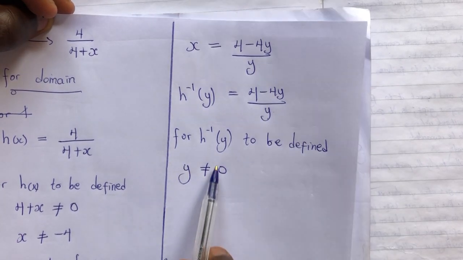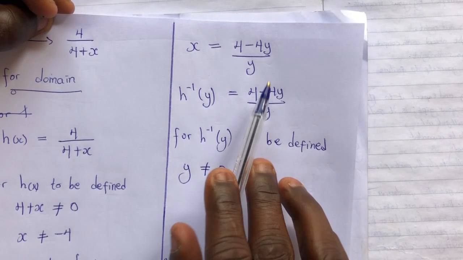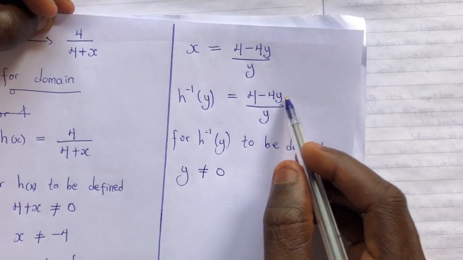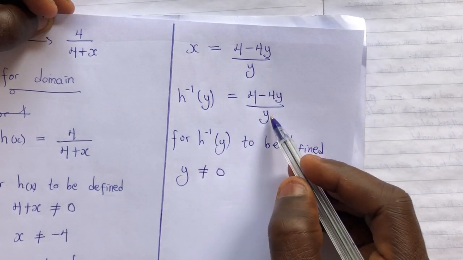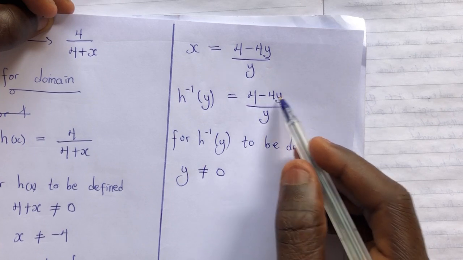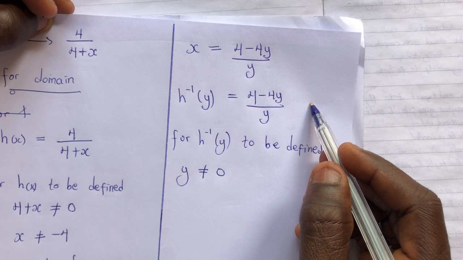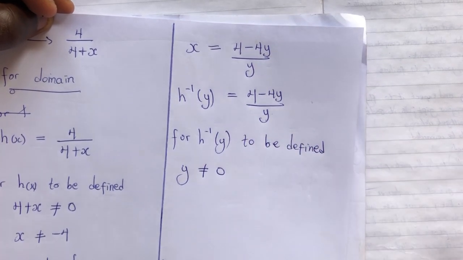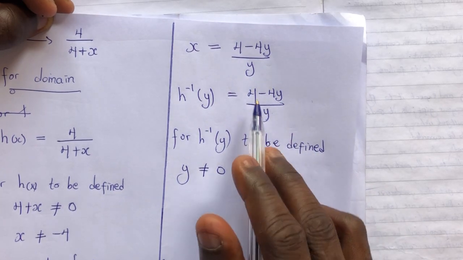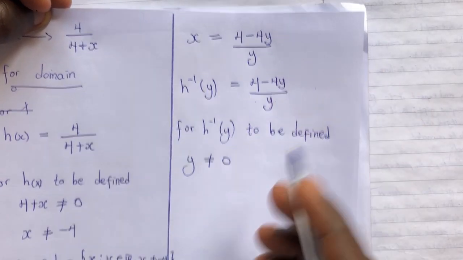Any other value apart from 0 will make the equation defined. If I fix 1 here, then I'll get 4 minus 4 into bracket 1 over 1, and the final answer I will get is 0, which is correct. But if I fix 0 here, the whole equation will be incomplete. We can't solve, and it will make it undefined. So any other value apart from 0.